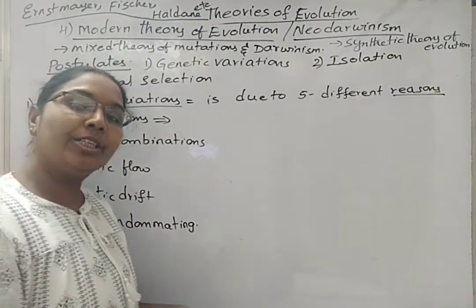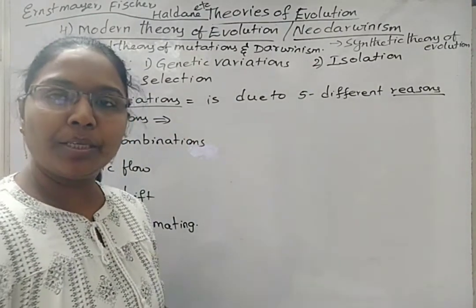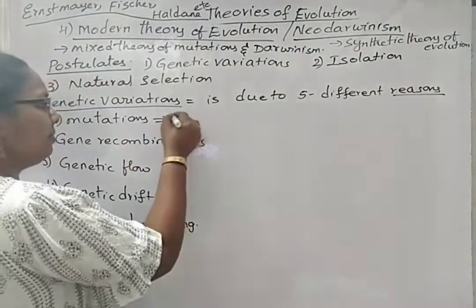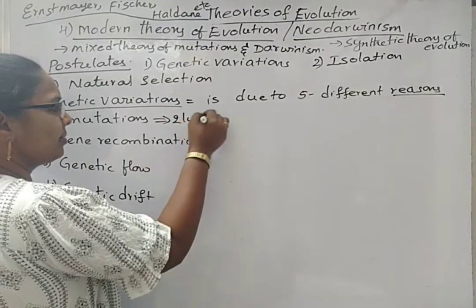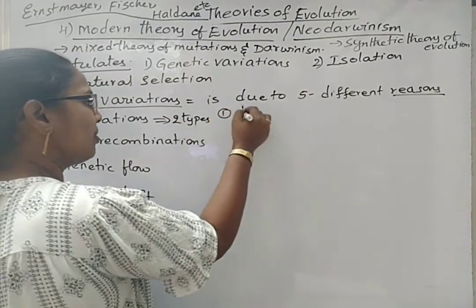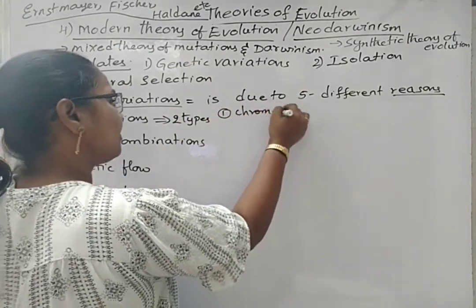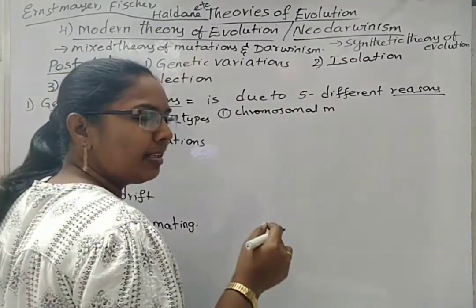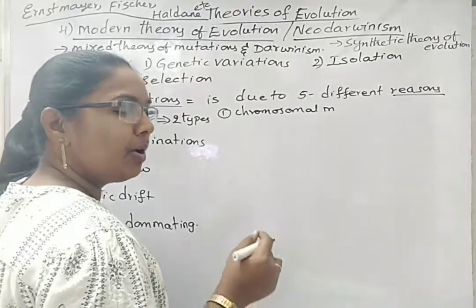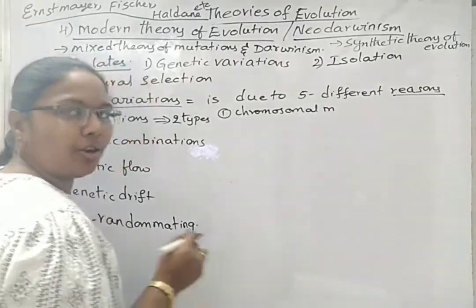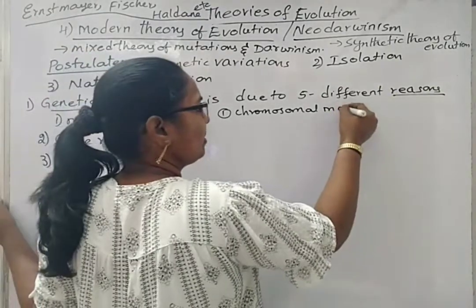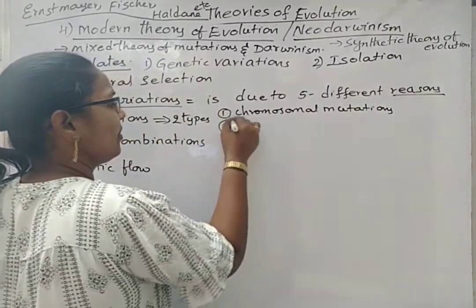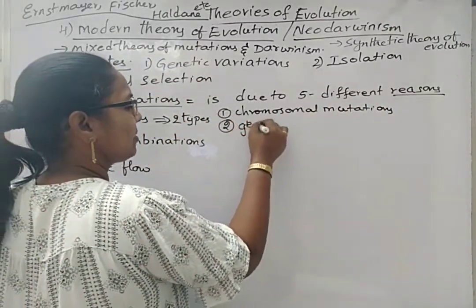Mutations are of 2 different types, that is chromosomal mutations and genetic mutations. One is chromosomal mutations, which show changes in the phenotype or morphological features of the organism. Second one, genetic mutations.